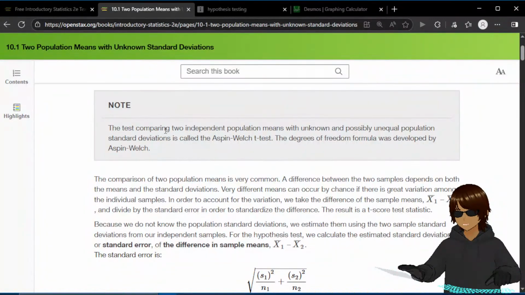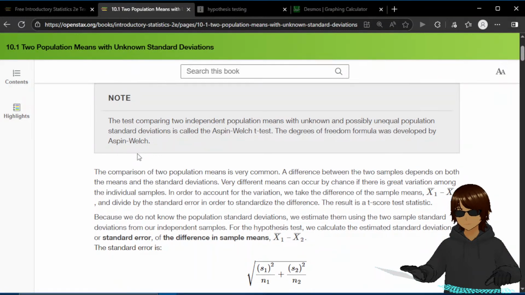The test comparing two independent population means with unknown and possibly unequal population standard deviations is called the Aspin-Welch t-test. The degrees of freedom formula was developed by Aspin.